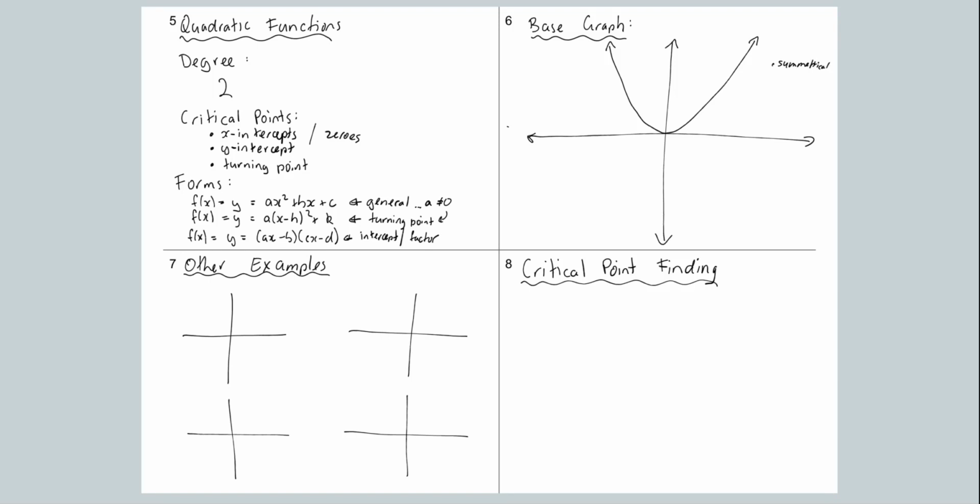They're always symmetrical, actually, not just the base graph. It has a turning point at 0, 0. It's symmetrical about the y-axis. In other words, if the y-axis is where I put my mirror, this side would look exactly like this side here. And it's concave up.